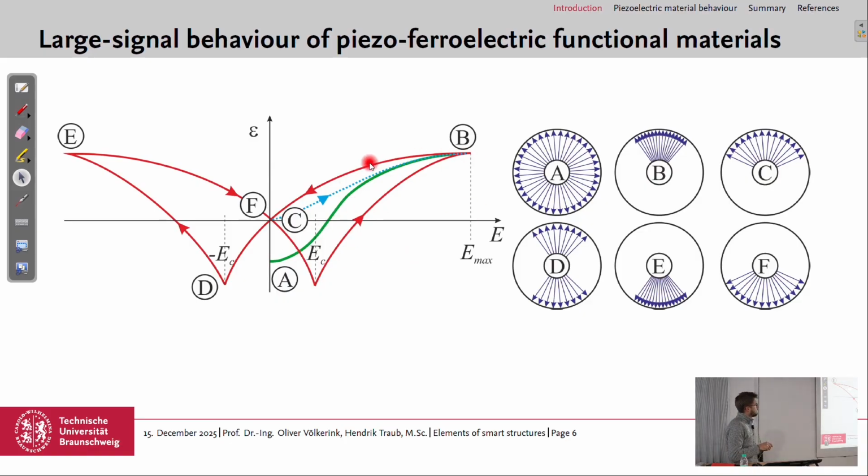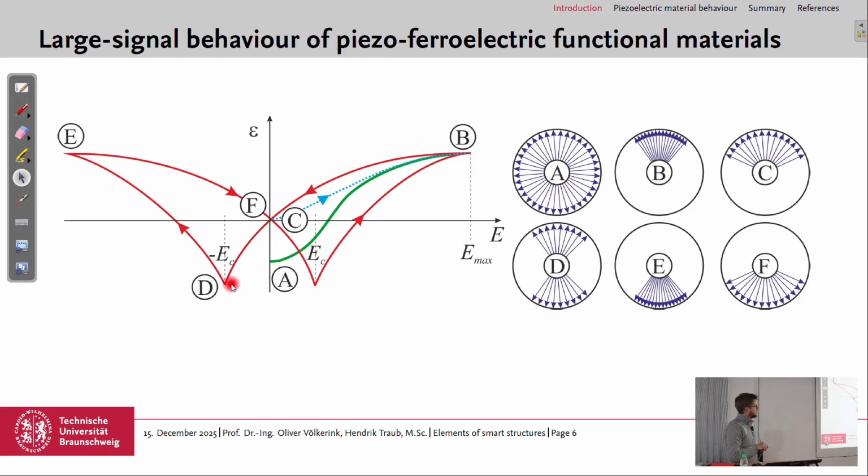So we are coming back from a high field to a 0 field, and if we then apply a field in the other direction, then we come down to point D, which is marked by the coercive field strength, or the negative one, and this is the point where we have polarization in opposite directions, and we again have no macroscopically usable polarization.